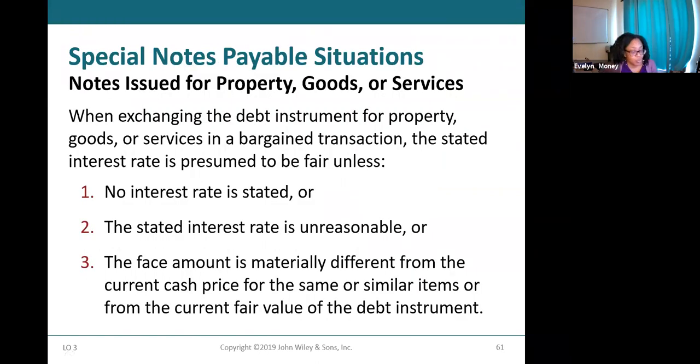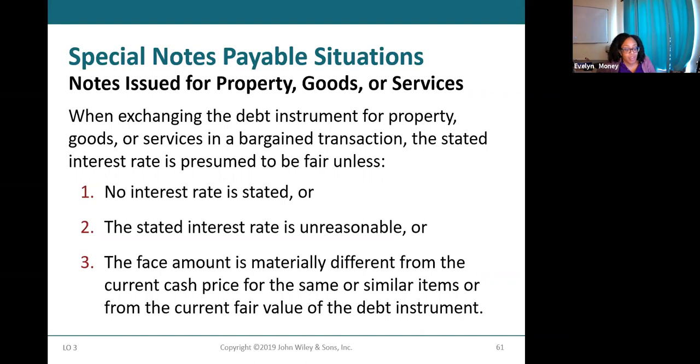Now, there are always some special situations, and when a note is exchanged for property, goods, or services, we're saying that the interest rate that is on that note is fair. Or in other words, it represents the fair value of those goods, property, or services, unless there's no interest rate that's stated, or if the interest rate that's stated is way low, like 1% or 2%, or if the face amount of that note is materially different.